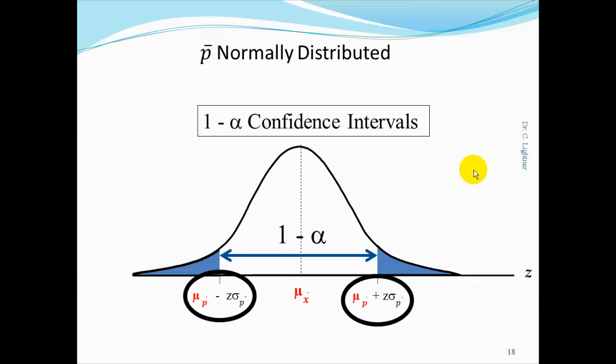Since p bar is also normally distributed, we will also construct 1 minus alpha confidence intervals for p bar using formulas with structures similar to these.